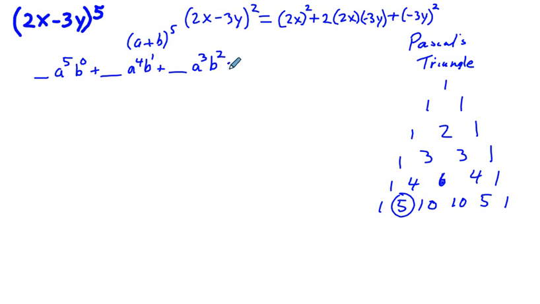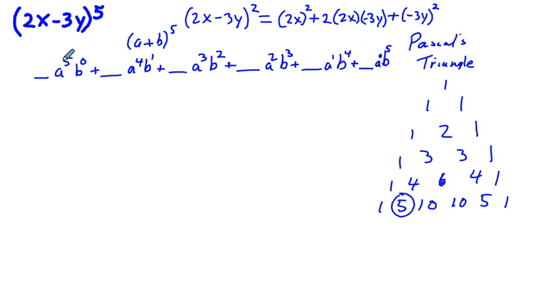Now I hope you can see what's happening here as I continue to write. We have a squared b to the third, plus some coefficient a to the first power, b to the fourth power, and finally plus some coefficient a to the 0 power, b to the fifth power.